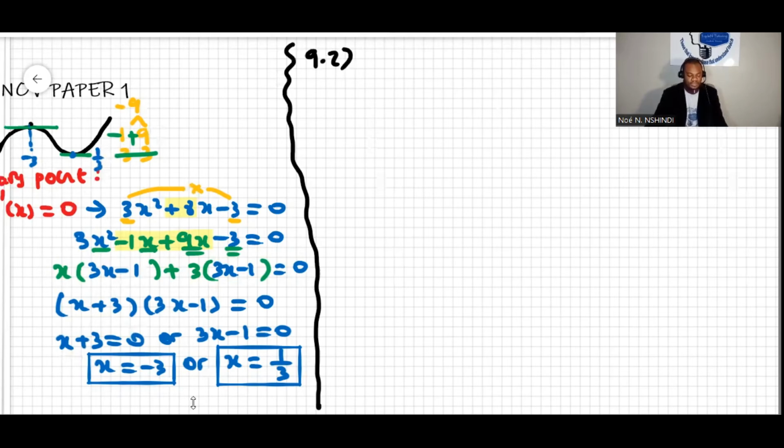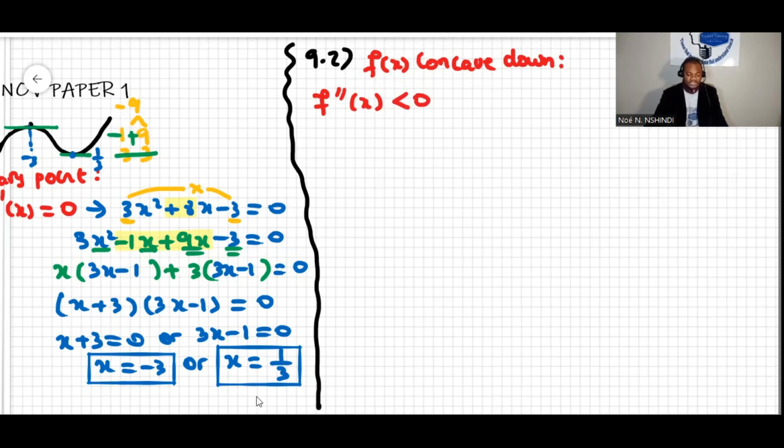Okay. f of x concave down simply means the second derivative f double prime of x is less than 0. Okay, if it was concave up, it would be greater than 0.